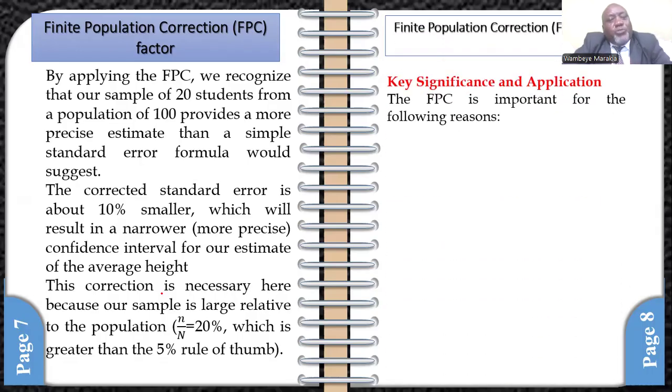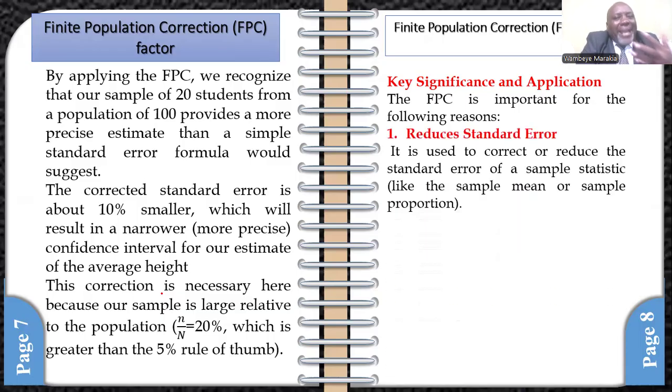Now, I want us to move a step further and see the key significance of applying the FPC in our research. The following reasons are very important when applying the FPC.